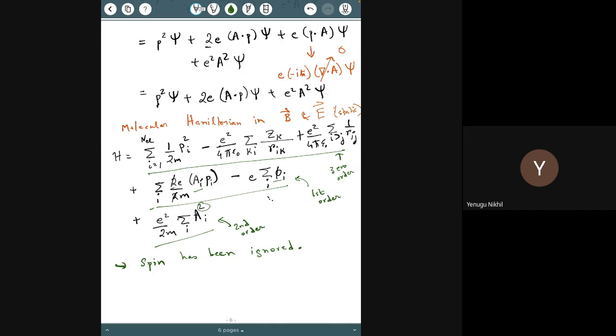There's a sum over i and sum over j. Yes, that is right. And if I did not want to take unique pairs, I could put a half and an unrestricted sum on i and j. I can also do that.